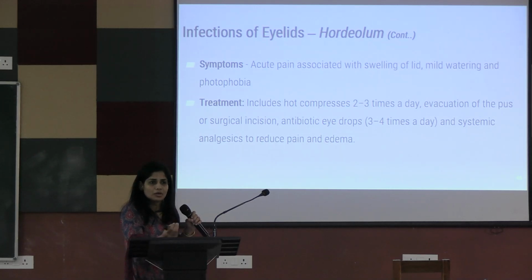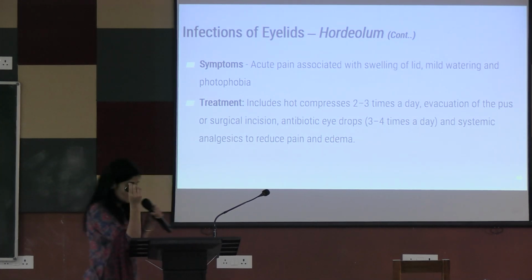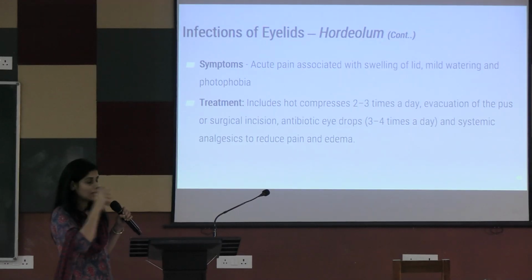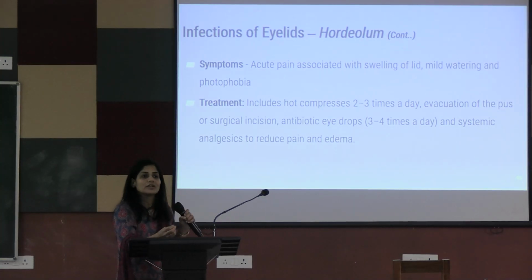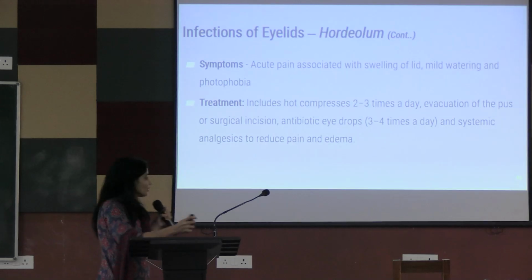Provide some external heat with the help of even fabric. You just give the hot fomentation so that the pain is relieved a bit and the tenderness is gone. So it releases whatever is there, the pus accumulation, and eventually heals itself, right?